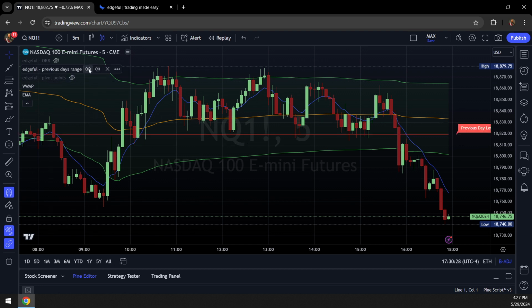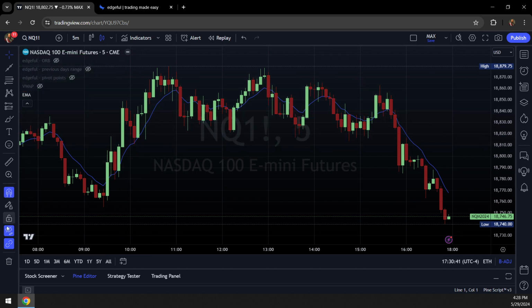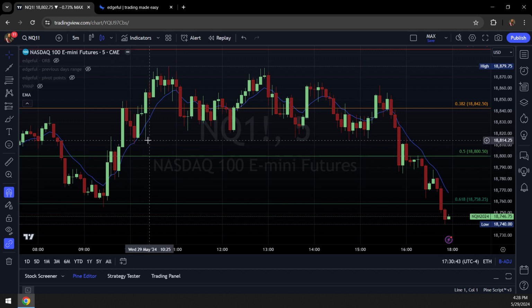We were trying to get below the previous day range, but we held that 9 EMA right there. When we ripped up here, we were really extended from that. Honestly, I thought we would probably come back and test this before we did anything like that, but we didn't. But we did hold the 9 EMA right there.